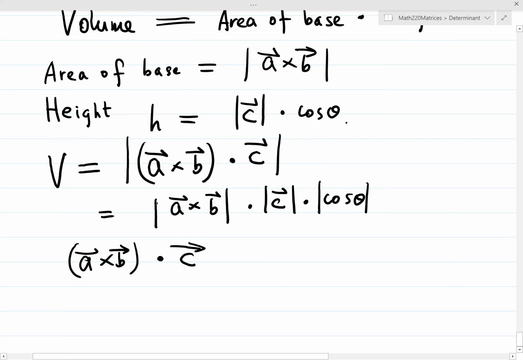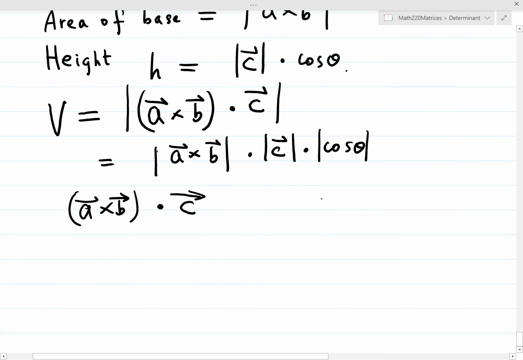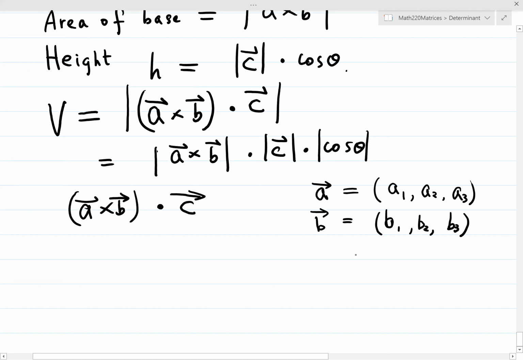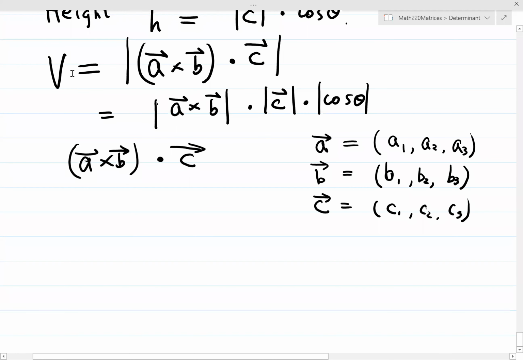Now suppose we have A is A1, A2, A3. B is B1, B2, B3. C is C1, C2, C3. Now we can determine this, because we know how the cross product behaves.